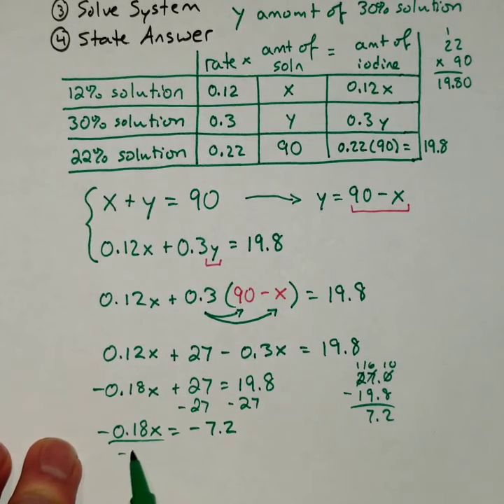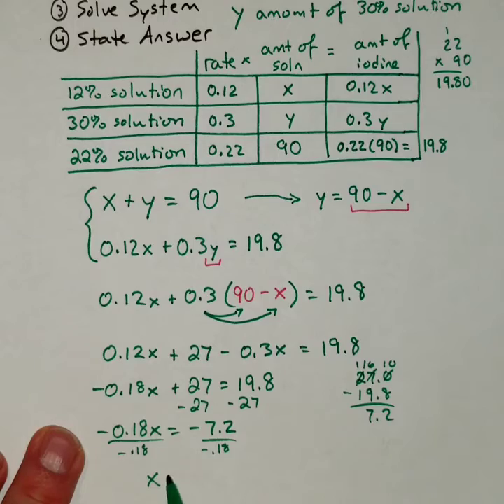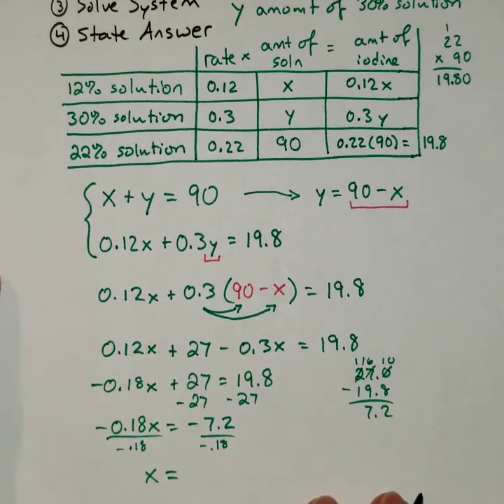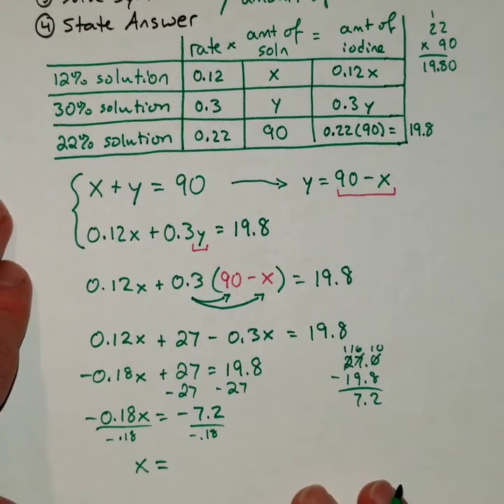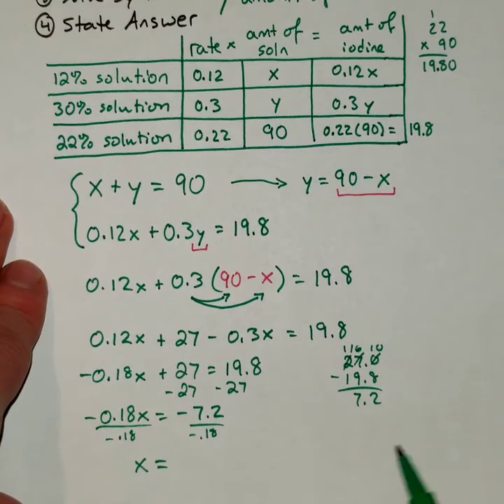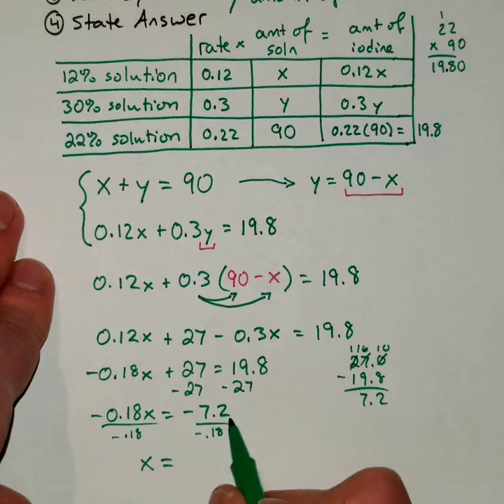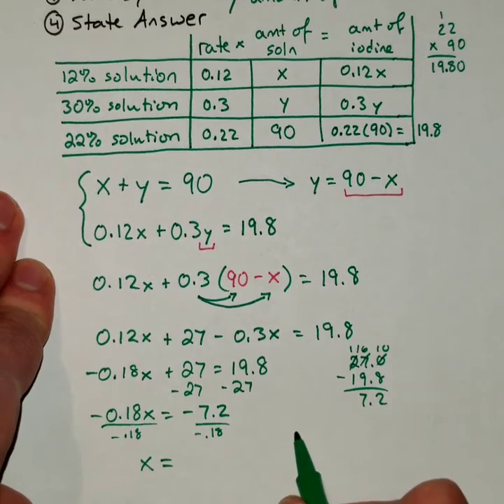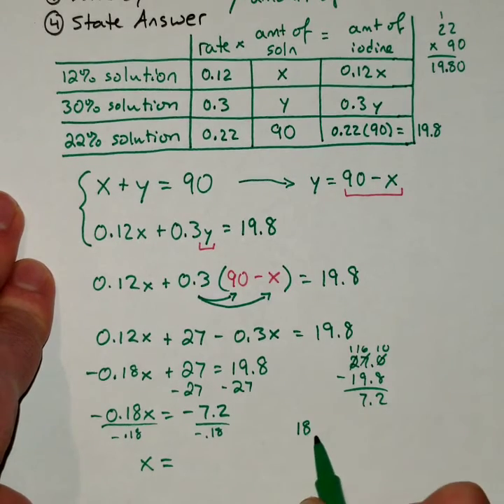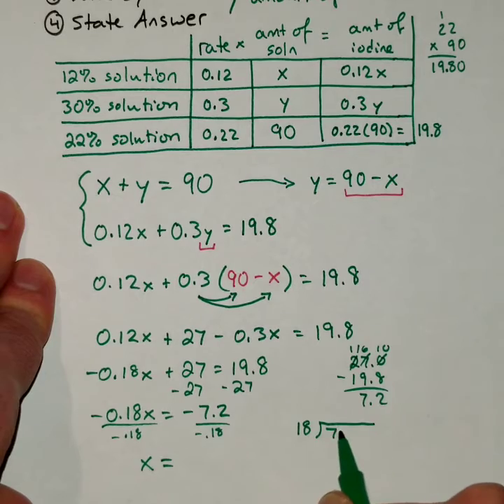Divide out the negative 0.18. And x is going to equal whatever that is. Now I think that's going to be 4 or 40, probably 40. But let's divide it out. Again, I'm going to move my decimal twice in the bottom, so I need to move twice in the top. So we're going to have 18 into 720.